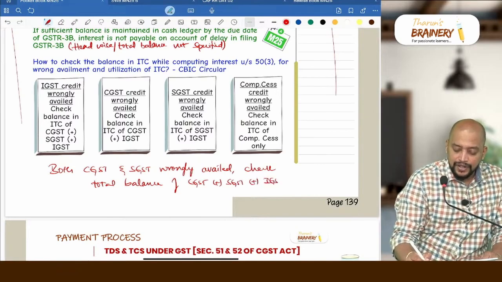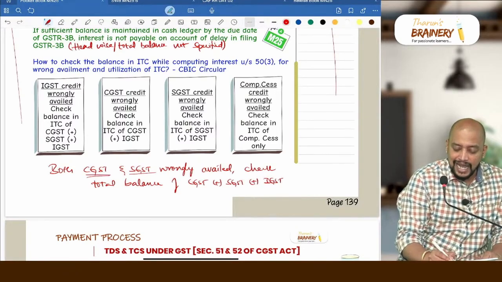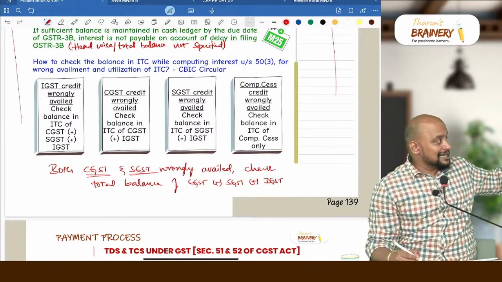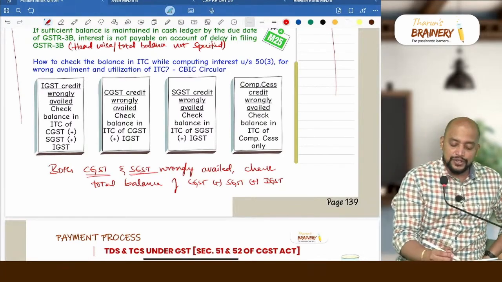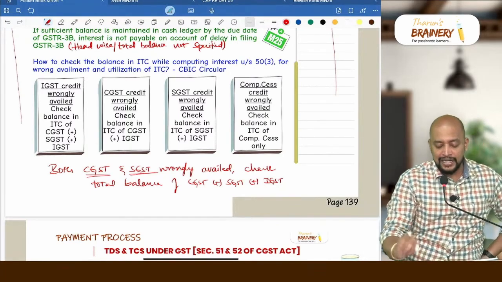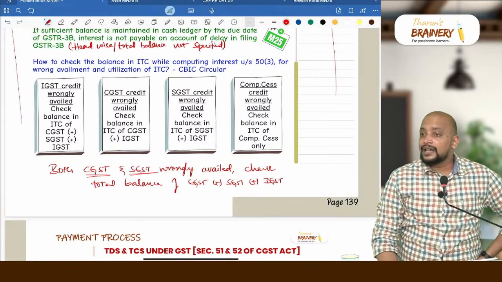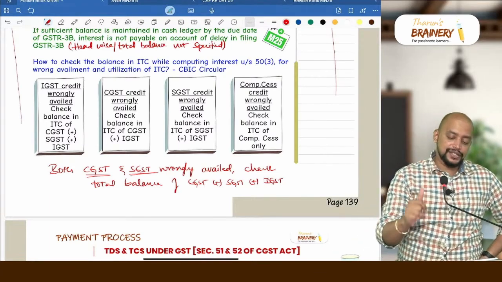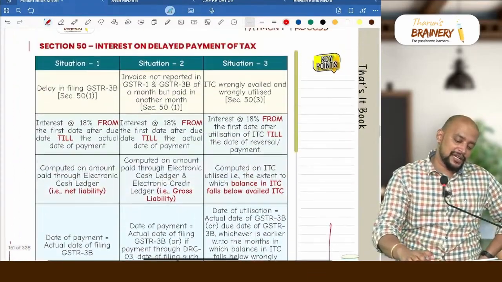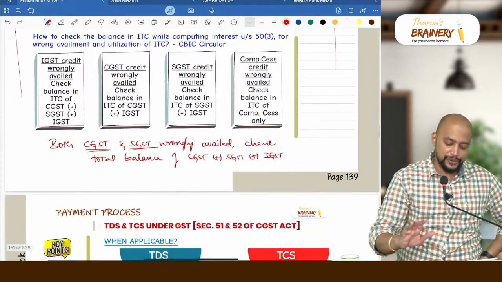Got it? When both are wrongly availed, just like IGST wrongly availed, check the total balance of all the three heads. Done here? So this is about the interest computation and some special aspects related to that.